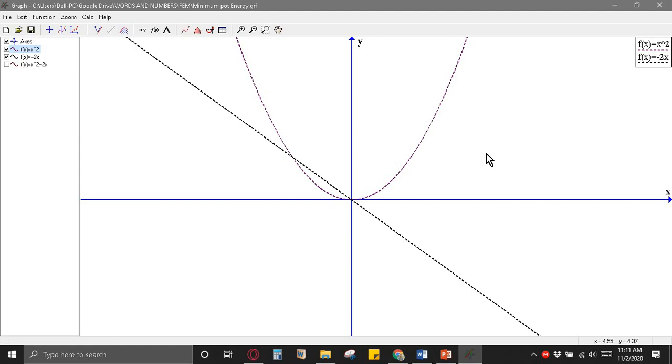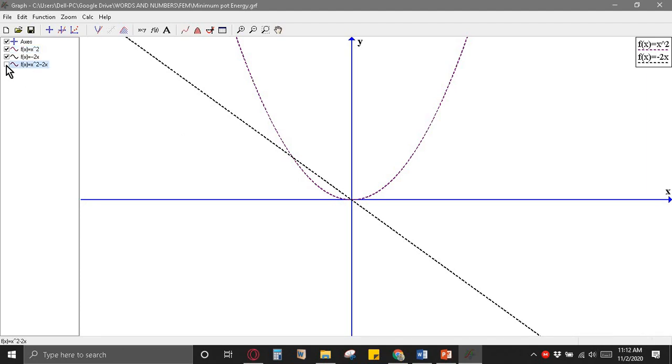Next is the graph of potential energy possessed by the spring. This is a parabolic curve. It doesn't matter whether the displacement is on the right or left. The potential energy of the spring is always going to get increased, right? And the total potential energy is the sum of these two potential energies.